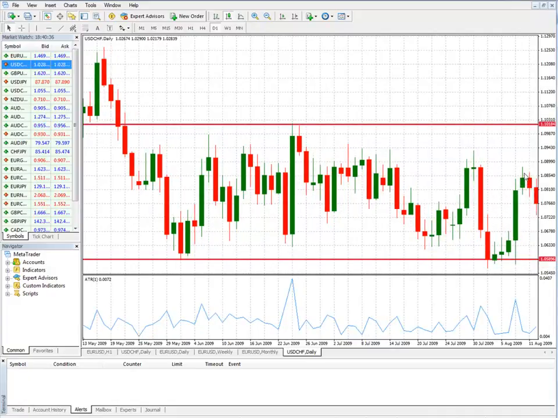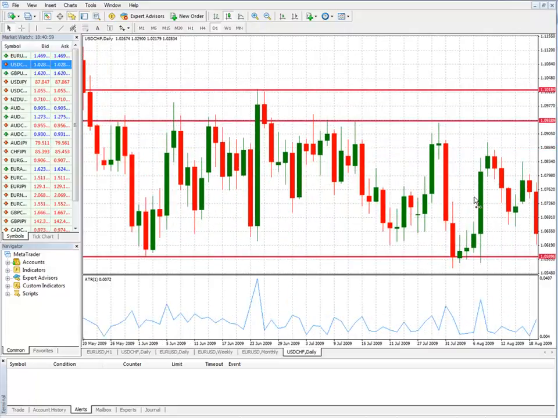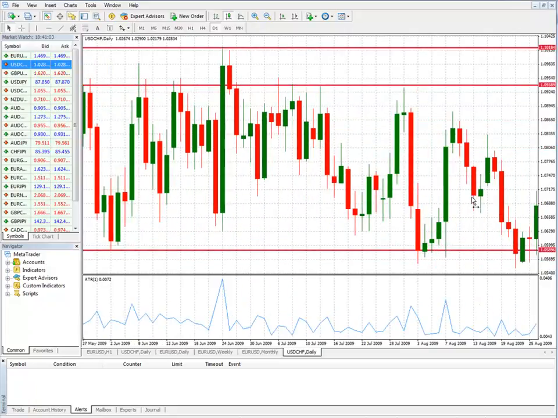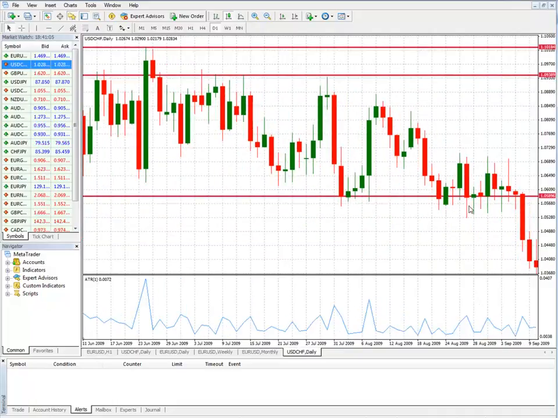We're moving up nicely. Now, you'll notice this may be a more major level here, and as we come down further, other levels come into play. Okay, you can see this level here moves up, bounces off that level, comes back, bounces off that same level that we previously identified. Let's see what happens as we move on.